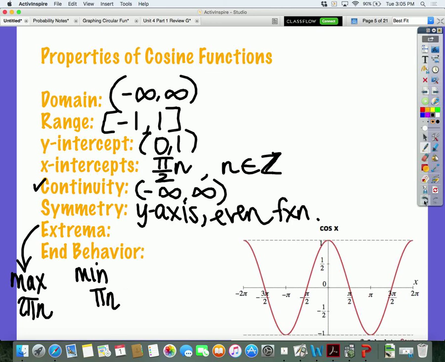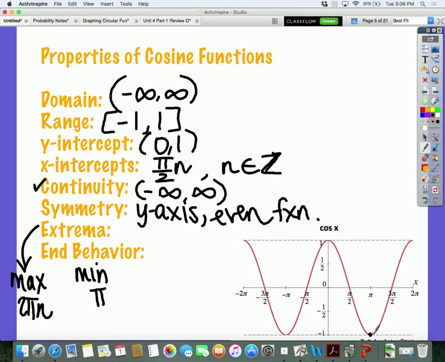So I can start at pi, and then times 2n. I can say pi, negative 1. Okay, so I have a min here.